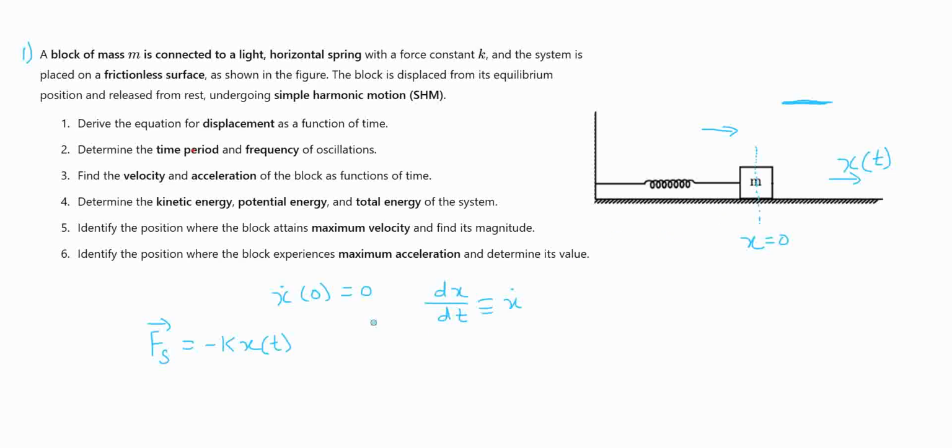So as x changes, the force experienced by the block mass due to the spring will change. Now from Newton's second law, we know that mass times acceleration equals force, and acceleration is d square x by dt square, so m d square x by dt square equal to minus kx of t.